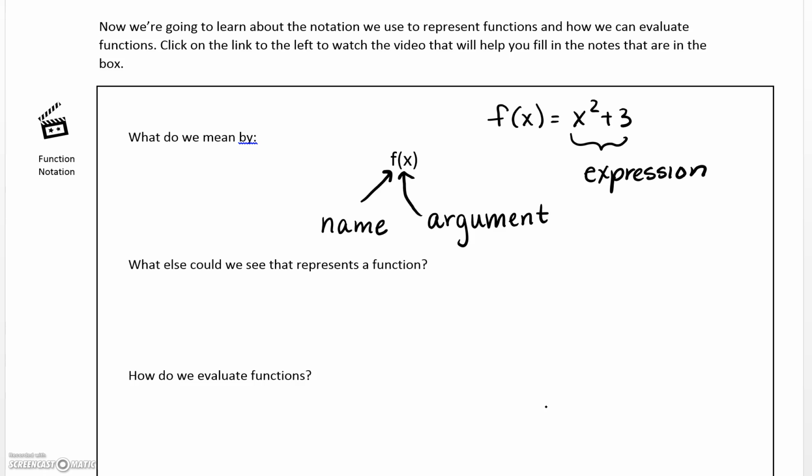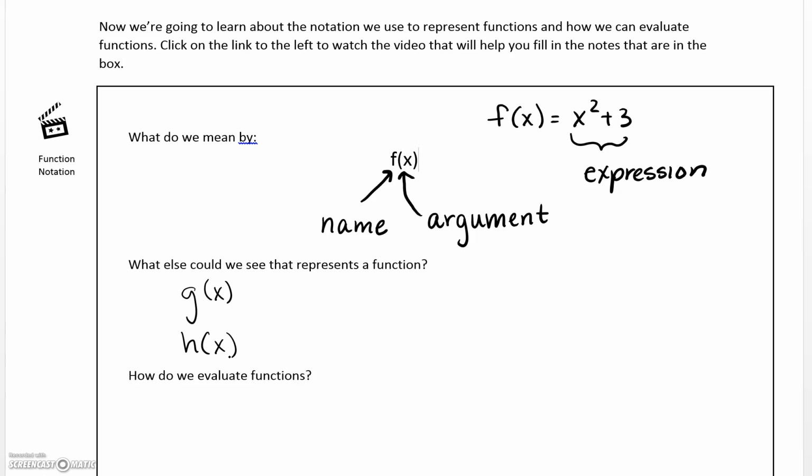Okay, so when we're talking about functions, we could give it a different name. So instead of saying f of x, we could say something like g of x. And that would just be a function that we're calling g instead of f. Or we could say h of x, and that would just be h. Now sometimes we'll want to use different variables than x. Many times this is when we have an application, and sometimes it's when we're using time.